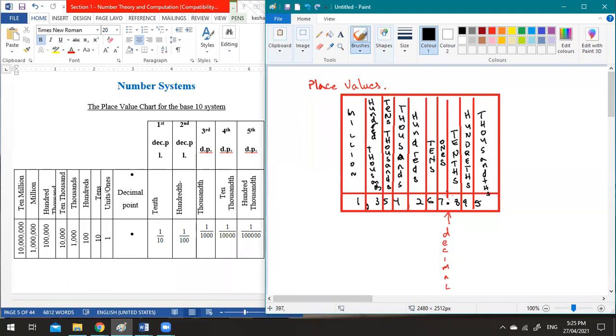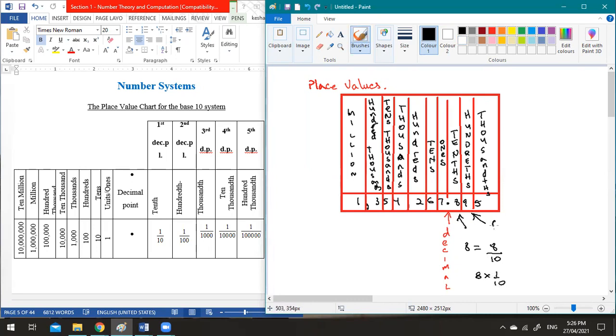And what does it really mean? This 8 is really 8 over 10, right? How I get that is the same as saying 8 by 1 over 10.